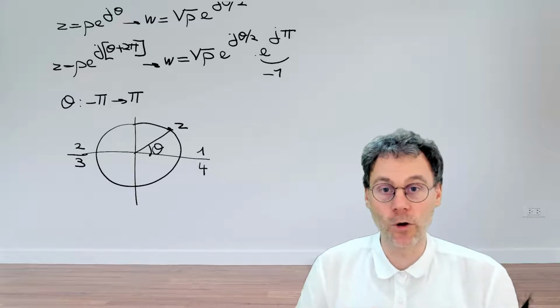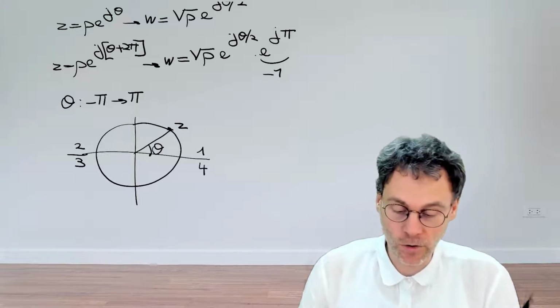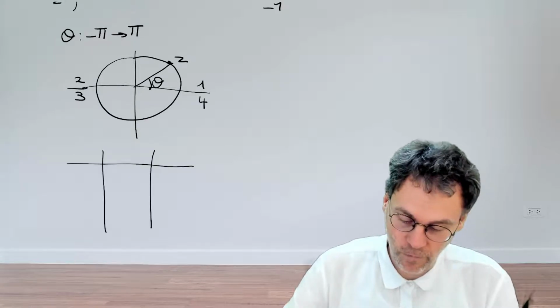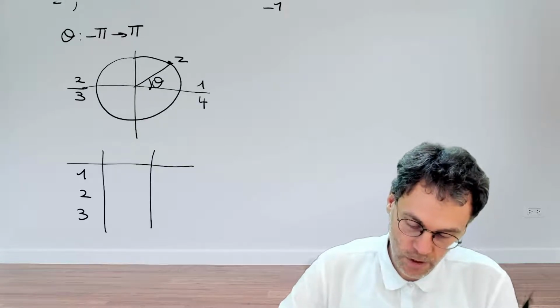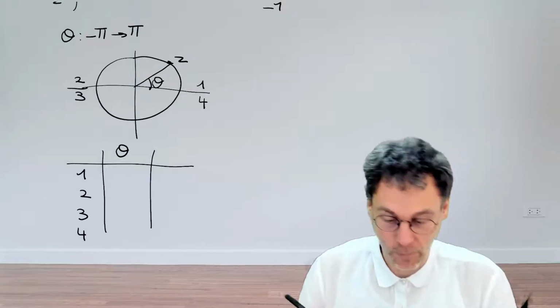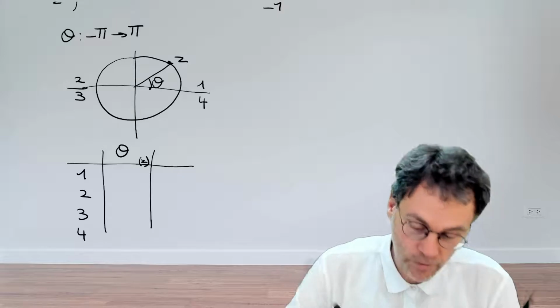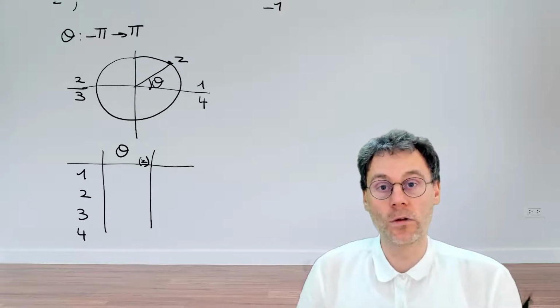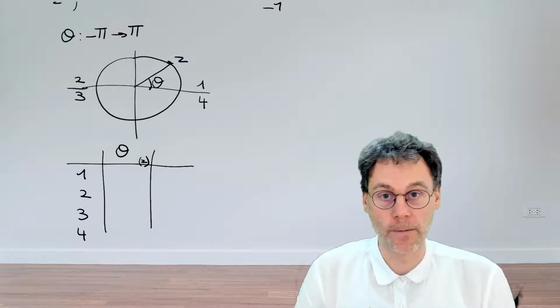So for these 4 points, what I would like you to do is fill out a table like this, for example, where for the 4 points, 1, 2, 3, and 4, we calculate their angle theta, which is an angle in the z-plane, of course. Bearing in mind that we restrict theta to the values minus pi and plus pi.